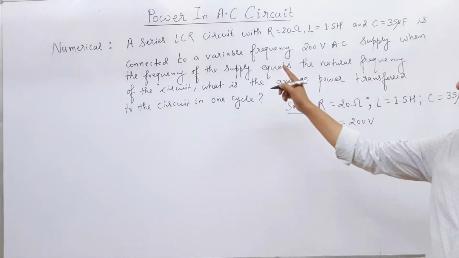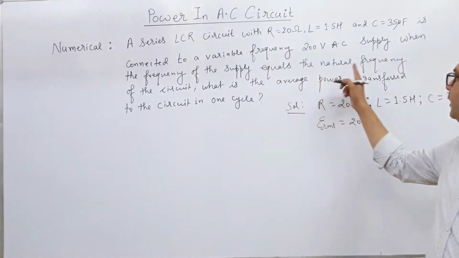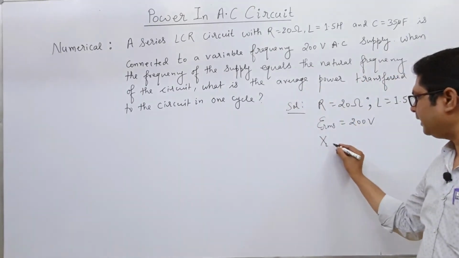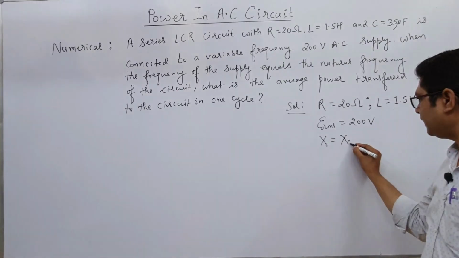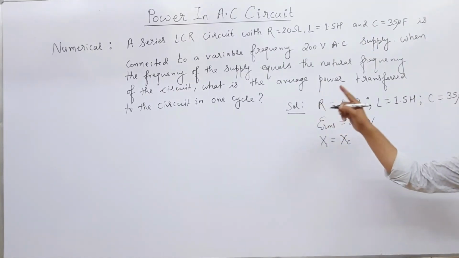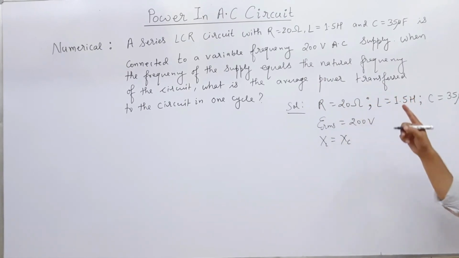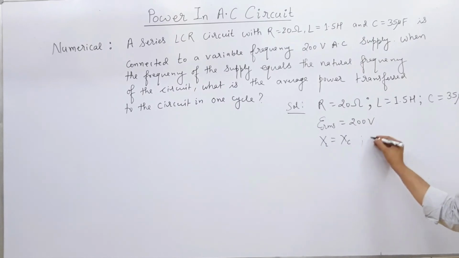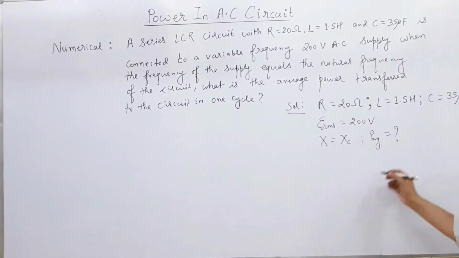When the frequency of supply equals the natural frequency of the circuit, this means that XL is equal to XC, inductive reactance equals capacitive reactance. What is the average power transferred to the circuit in one cycle? This means that you have to find P average.